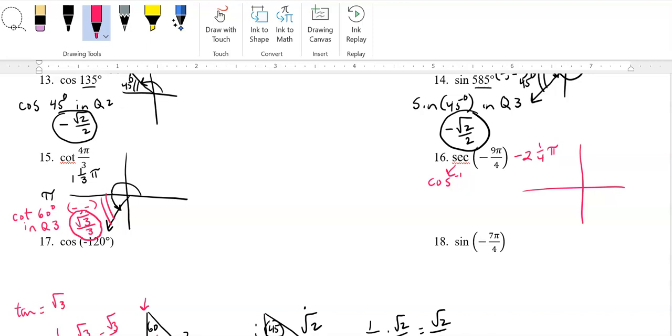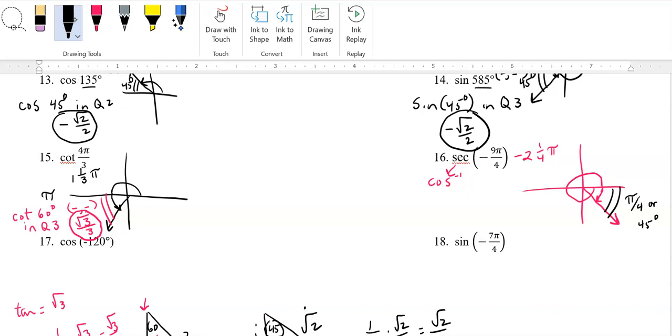We're going in a negative direction, so all the way around the circle is negative 2 pi, and then we just need to go another fourth of the way. 1/4 pi is another way of saying 45 degrees. All I'm really concerned about is the reference angle, and the reference angle is pi over 4, or again, 45 degrees.